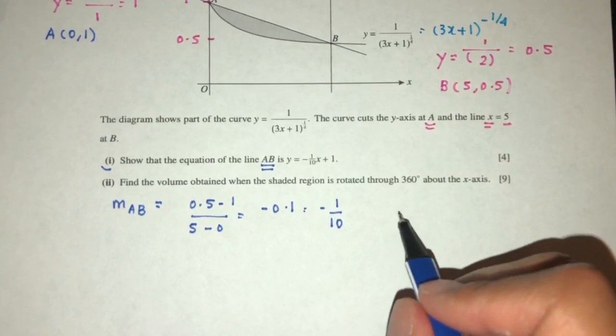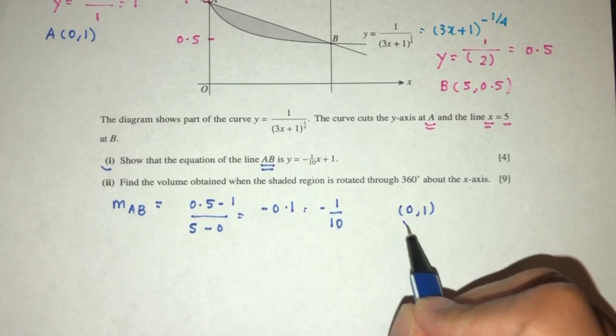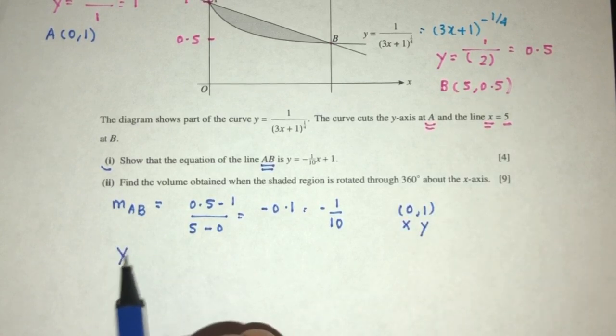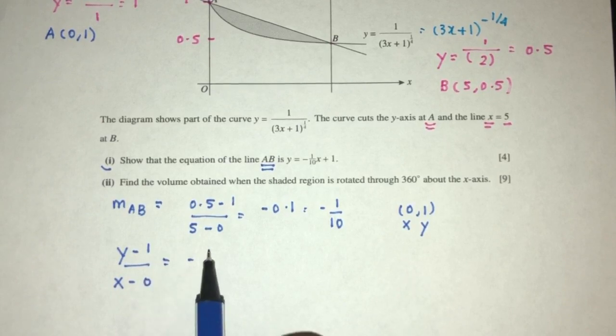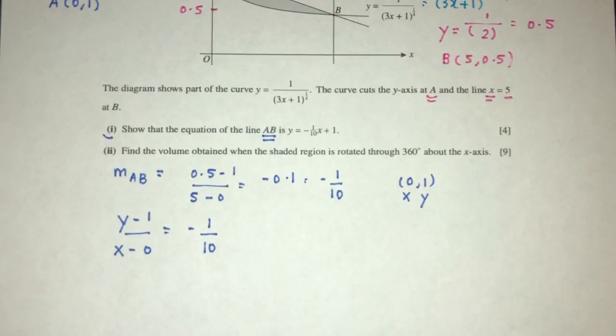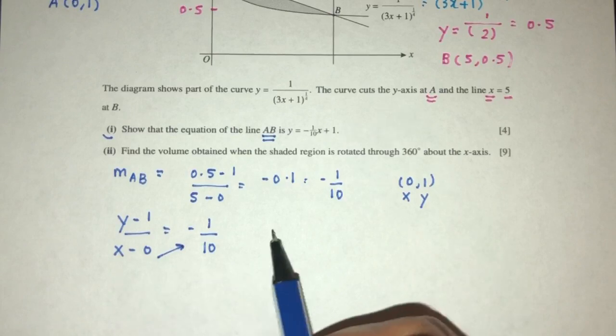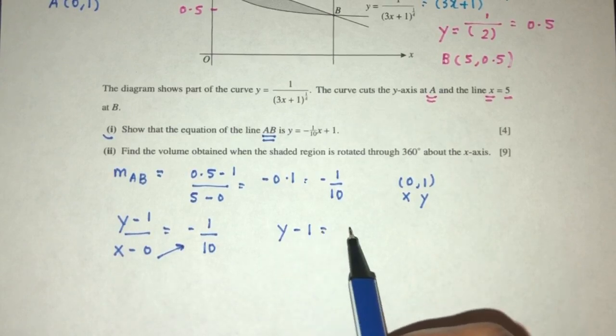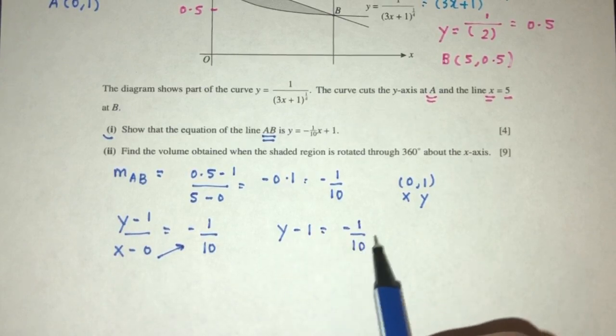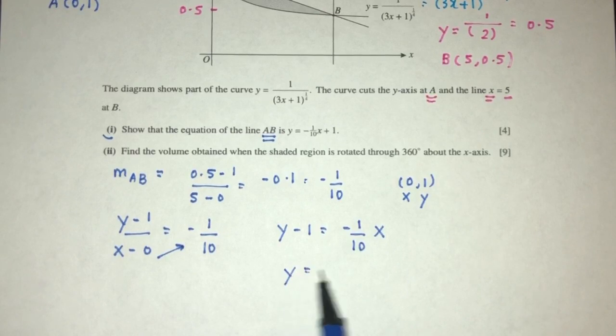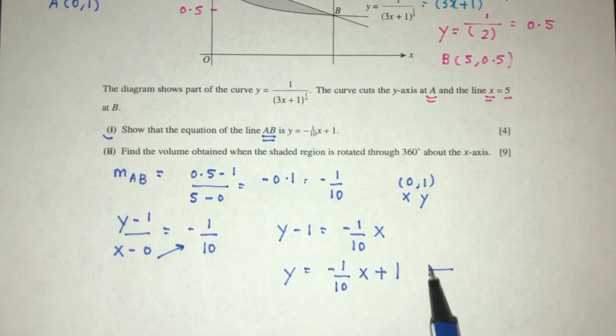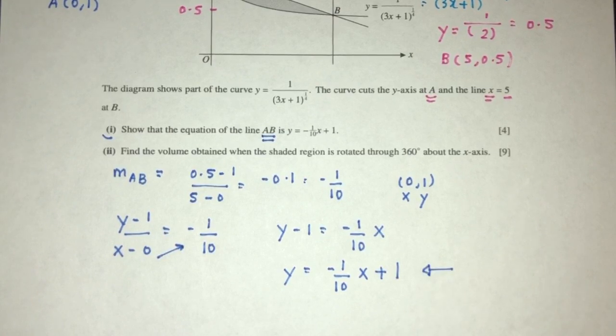Now we have a passing point, 0, 1. So y minus its corresponding value over x minus its corresponding value should be the gradient. We can simplify: y minus 1 is minus 1 over 10 x. So y will be minus 1 over 10x plus 1. That will be your equation, shown as required.